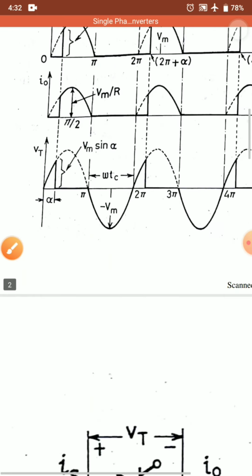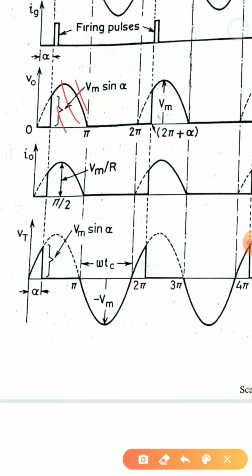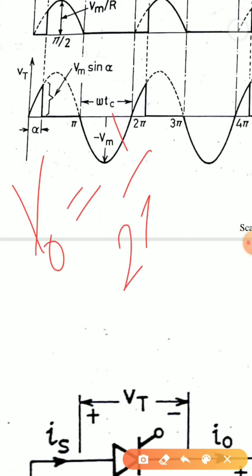To find the area under this curve, I have to integrate, so the integrating limit is from alpha to pi. To find the average load voltage V0, I will integrate it over the cycle.